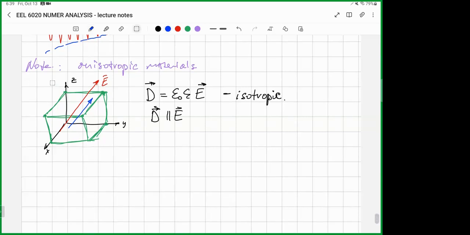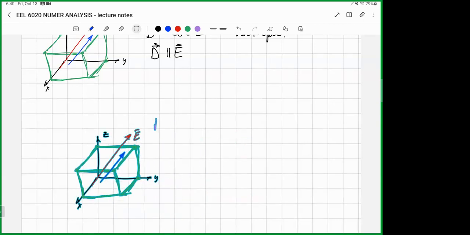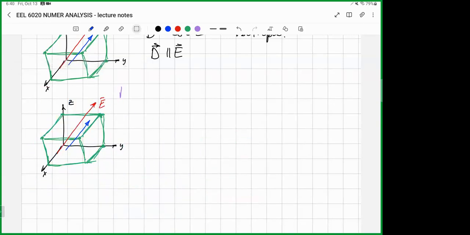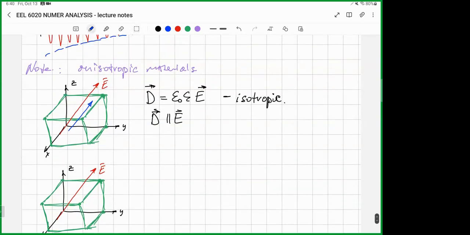Let me copy this. Put here. So this is isotropic.